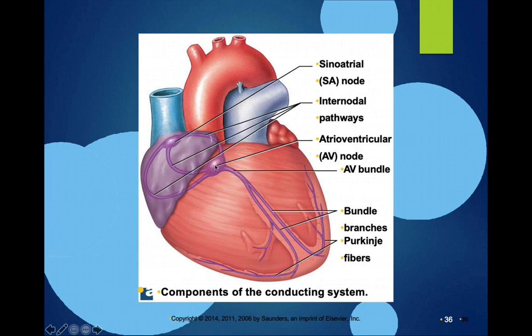So after the AV node, you have the bundle of His, right? The AV bundle of His, which eventually divides into a left bundle branch and a right bundle branch. And then the right bundle branch has its Purkinje fibers that inject themselves into the muscles of the endocardium.